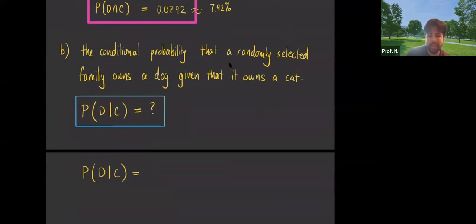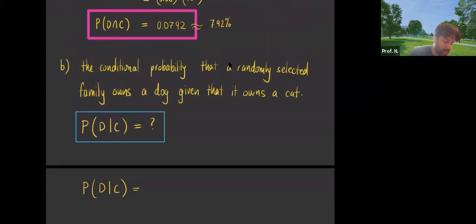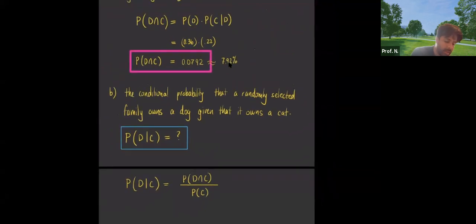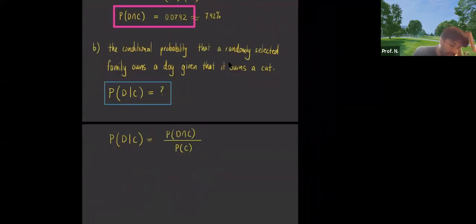Just divide by C from our previous answer. That's right, because the probability that D given C is equal to what? The probability that D and C occurs divided by the probability that C occurs, actually. So then we already found part A, that the probability that D and C is 0.0792.